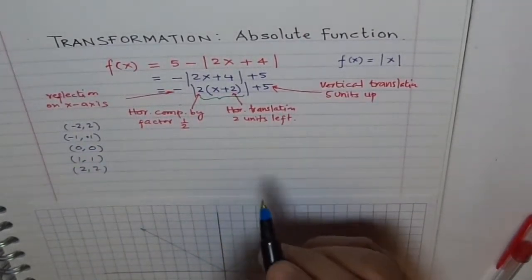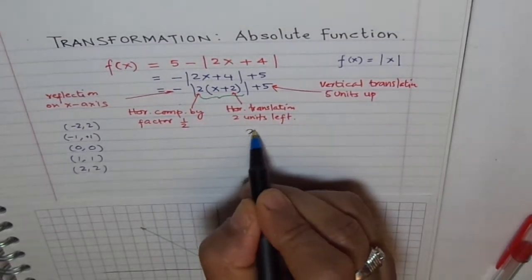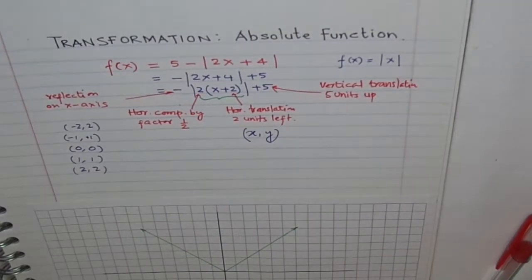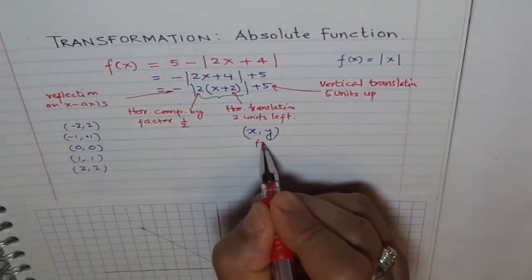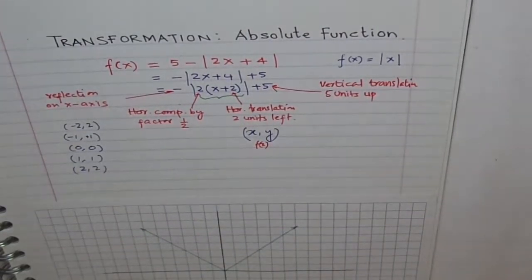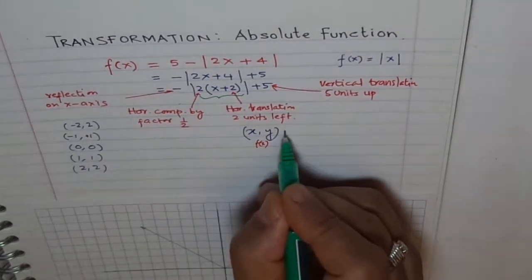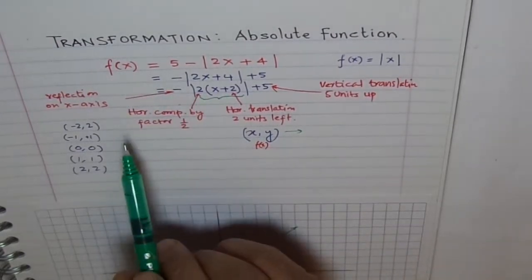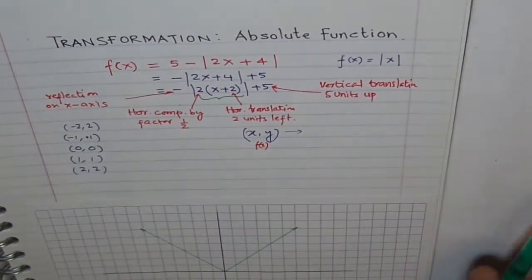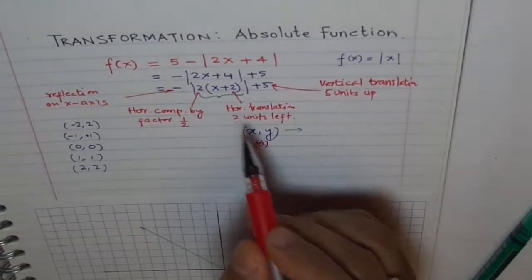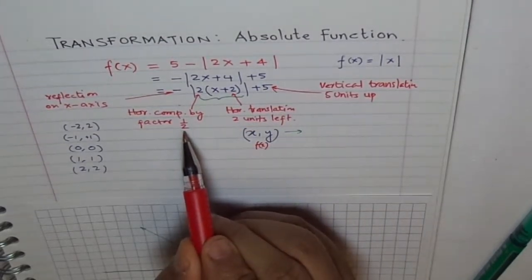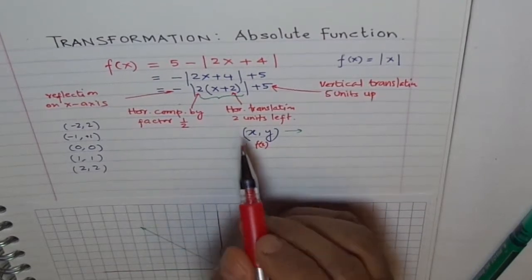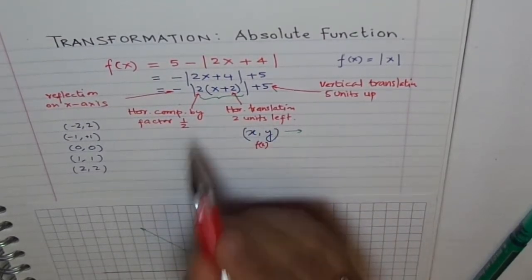Now in general, if I have x, y as a coordinate on function f(x), let us say these are my points on function f(x), then how are these points going to get transformed on this function? The transformed function. Okay, what is happening to the x points? X points are getting multiplied by a factor of half, and then you do 2 units to left, that means minus 2.